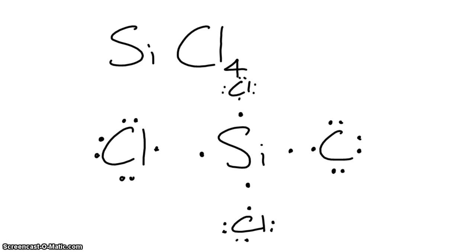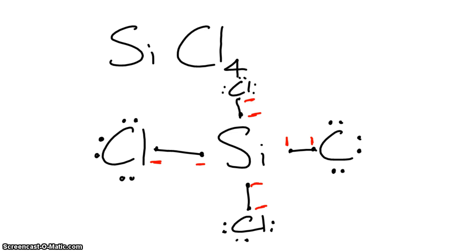So silicon and chlorine are going to share electrons, and what this means is that now silicon has 8 electrons in its outer shell.